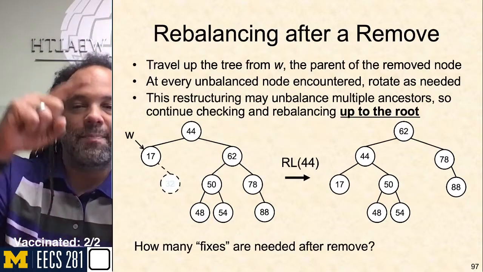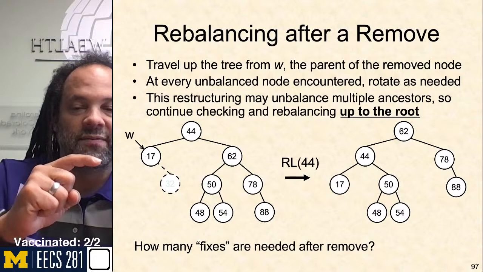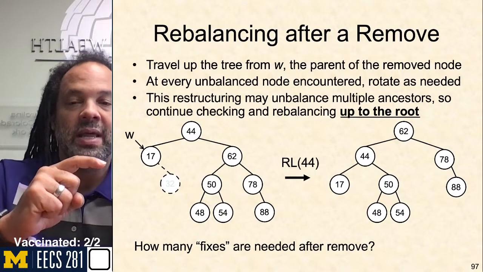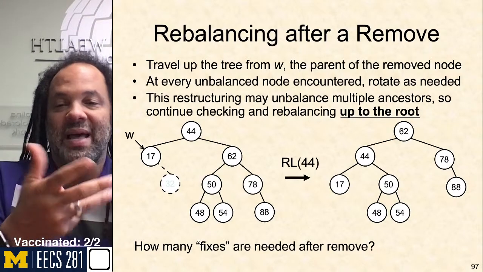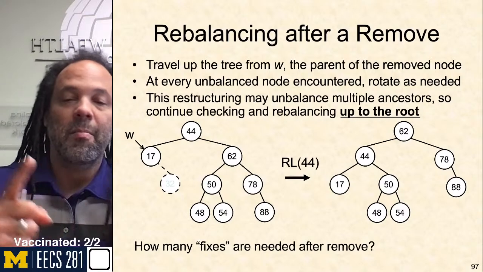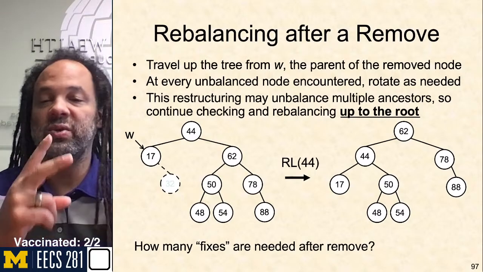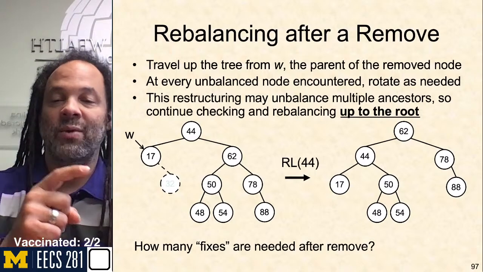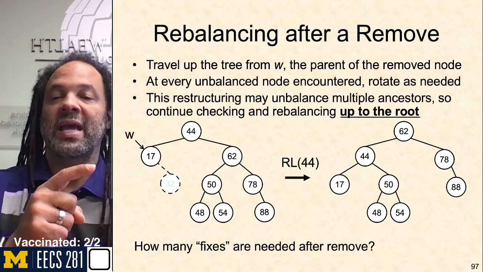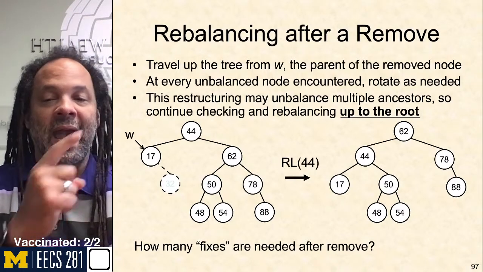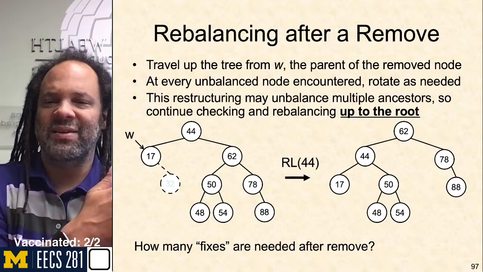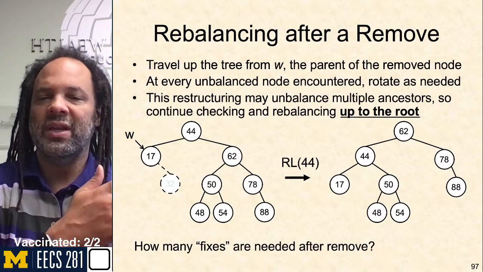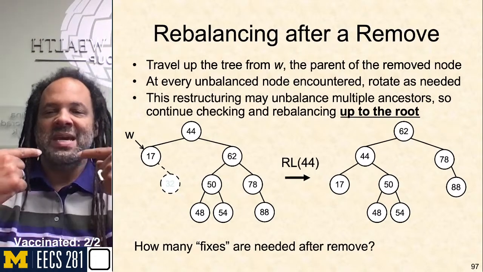And so we travel up the tree from the parent of 32. That's the 17 node. Say, well, 17, that's balanced. I don't have to do anything for 17. But since 17 used to be height 2, before it lost its only child, now it's height 1. It can report to its parent, hey, my height is now 1. And the parent can say, well, the height on the other side is a 3. We've got problems here. We need to do a rotate left around me.